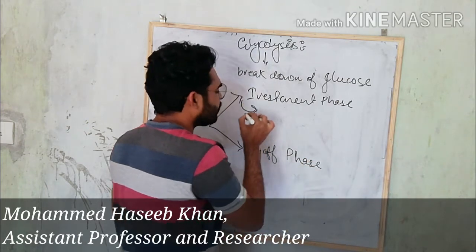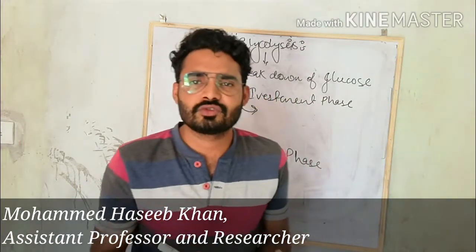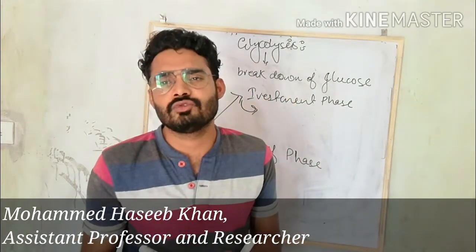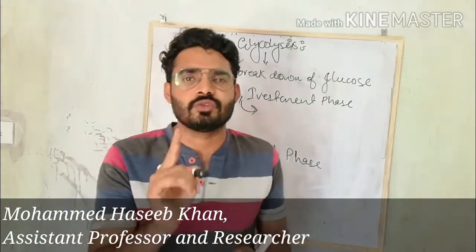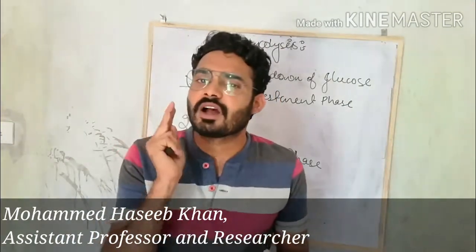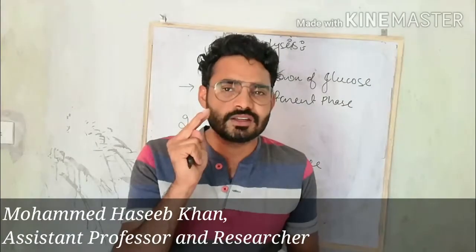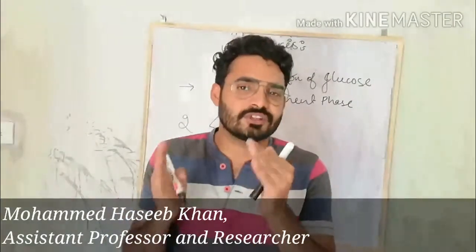In the investment phase, the process requires the input of 2 ATP molecules per mole of glucose, right? So when one glucose molecule undergoes glycolysis, 2 ATP molecules are consumed within the first 5 reactions.